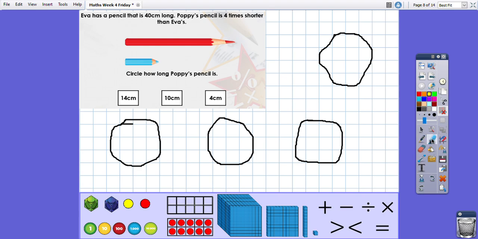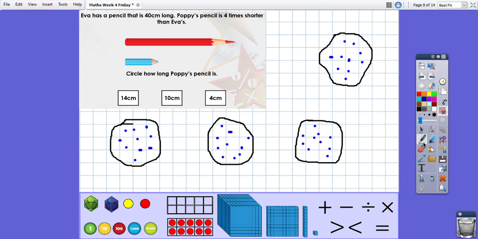Okay, so it's going to take some time, but we can do it, because if it's the easiest way for you, then that's what you need to do. So 1, 2, 3, 4, 5, 6, 7, 8, 9, 10, 11, 12, 13, 14, 15, 16, 17, 18, 19, 20, 21, 22, 23, 24, 25, 26, 27, 28, 29, 30, 31, 32, 33, 34, 35, 36, 37, 38, 39, 40.